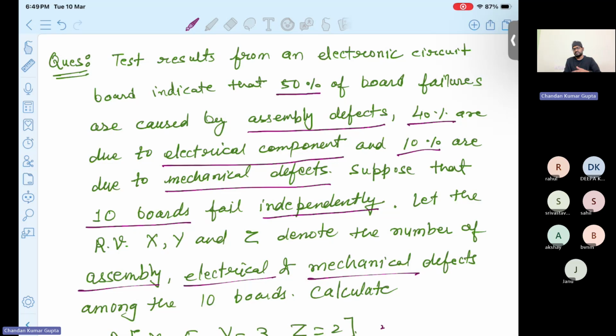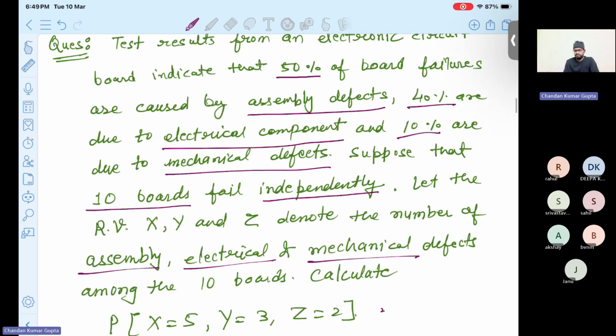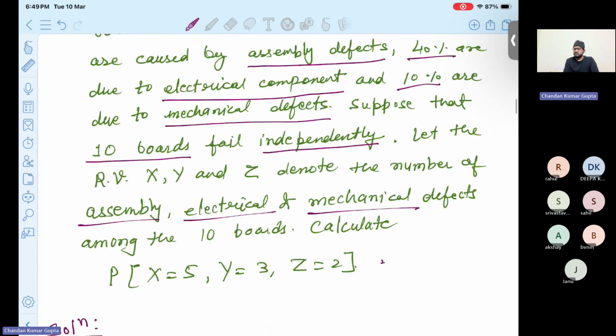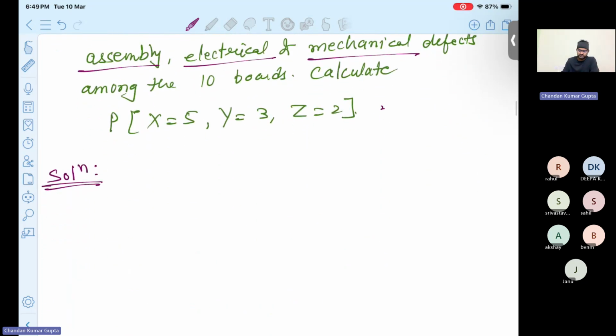Suppose we have two categories, then that is binomial. We have more than 2 categories, so it is multinomial distribution. So obviously its PDF will be like this.